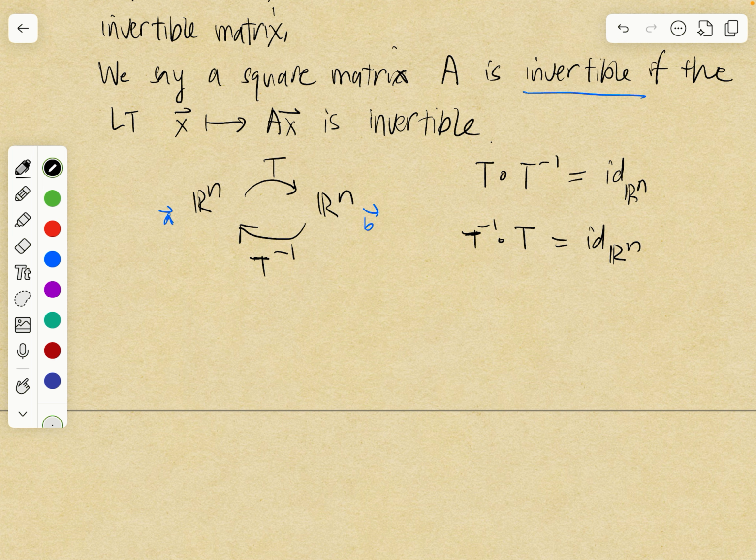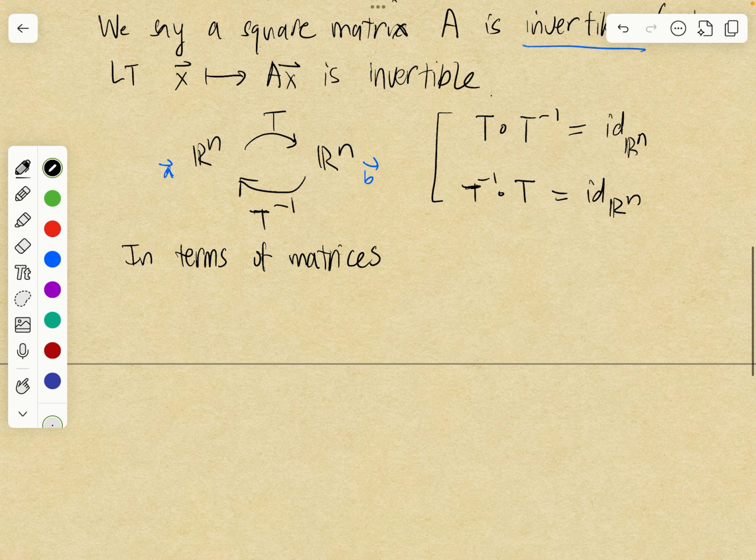So this is in terms of functions, right? Now in terms of matrices, what is this saying? Remember, when you think of the composition of linear maps, what does that correspond to in terms of matrices? What operation? Multiplication, right?